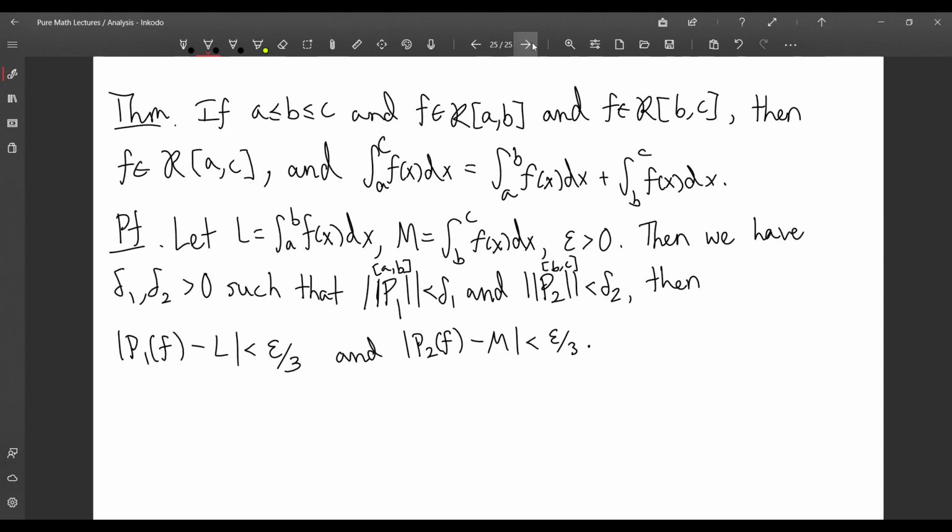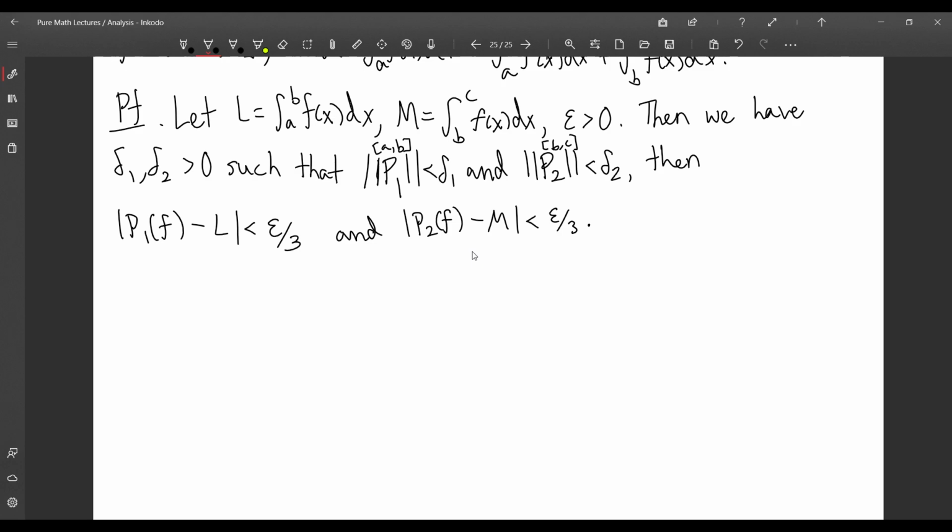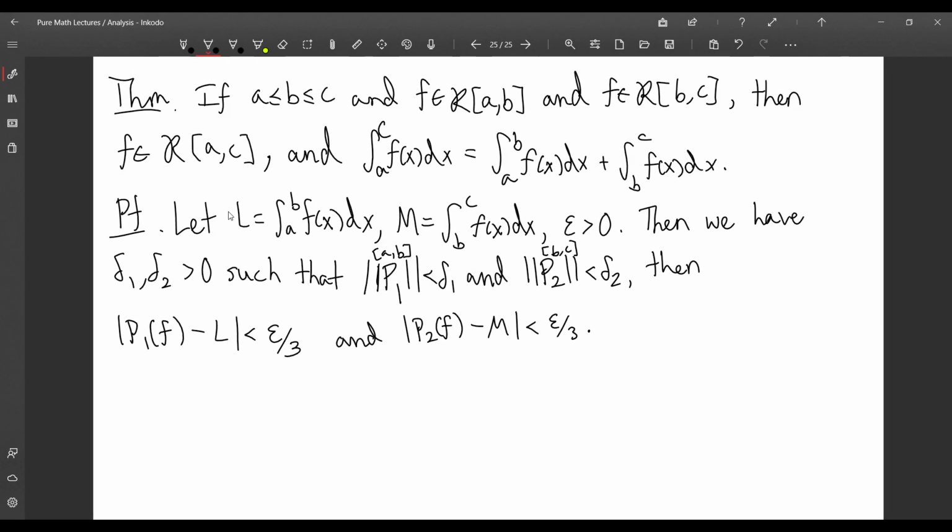So now we want to show that F is integrable over AC. So we want P to be a partition of AC. Now P might not be a union of partitions of AB and BC, right?